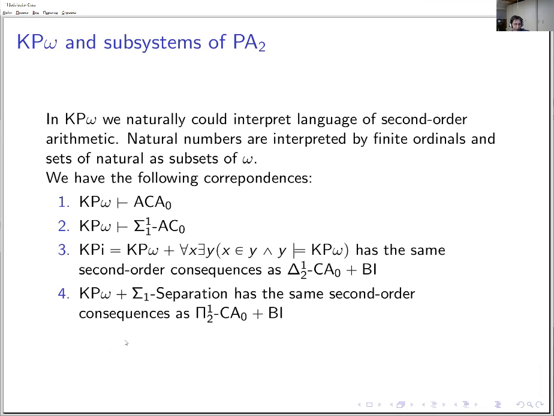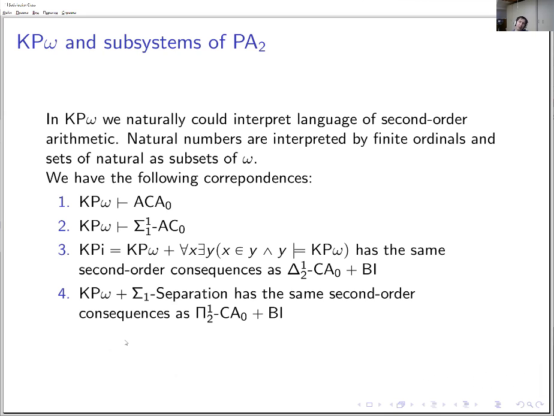What is happening there is that for the stronger systems of second-order arithmetic, it happens to be rather useful, rather than considering the systems of second-order arithmetic themselves, to consider various extensions of Kripke-Platek set theory that correspond to those systems of second-order arithmetic.